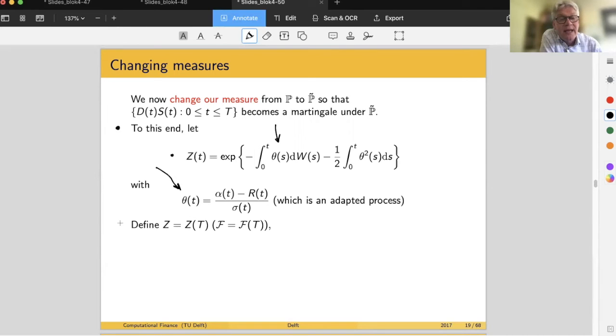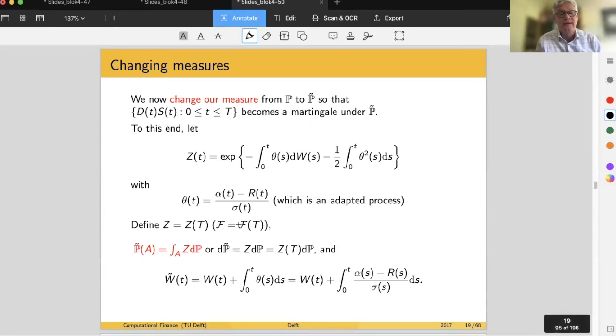Now we define again Z as Z at final time capital T. Script F is the filtration up to time capital T. And our new measure, P tilde of A, is the integral over A of Z dP. Or in other words, in differential notation, dP tilde is equal to Z dP. And that is, with this definition, equal to Z_T dP.